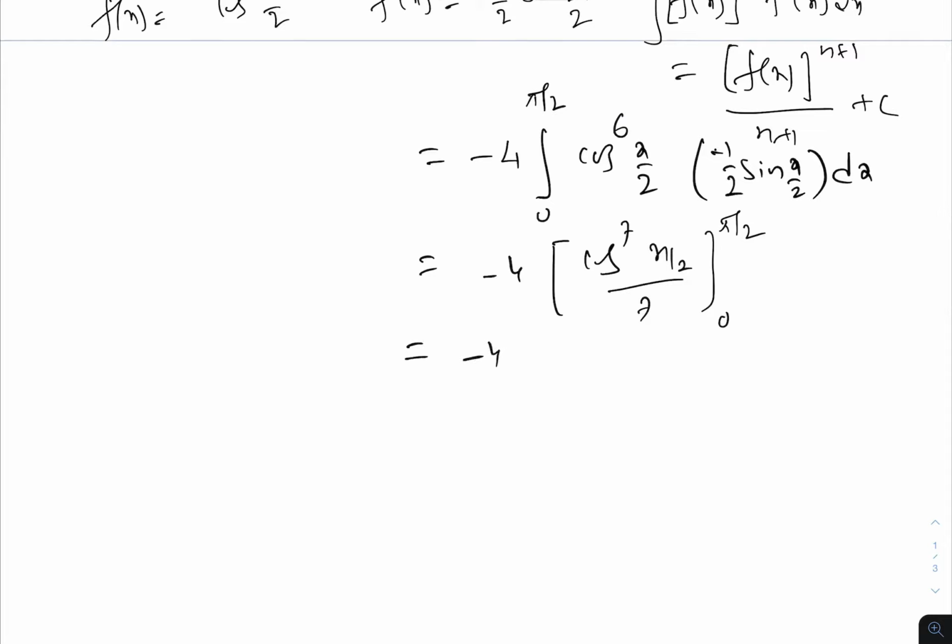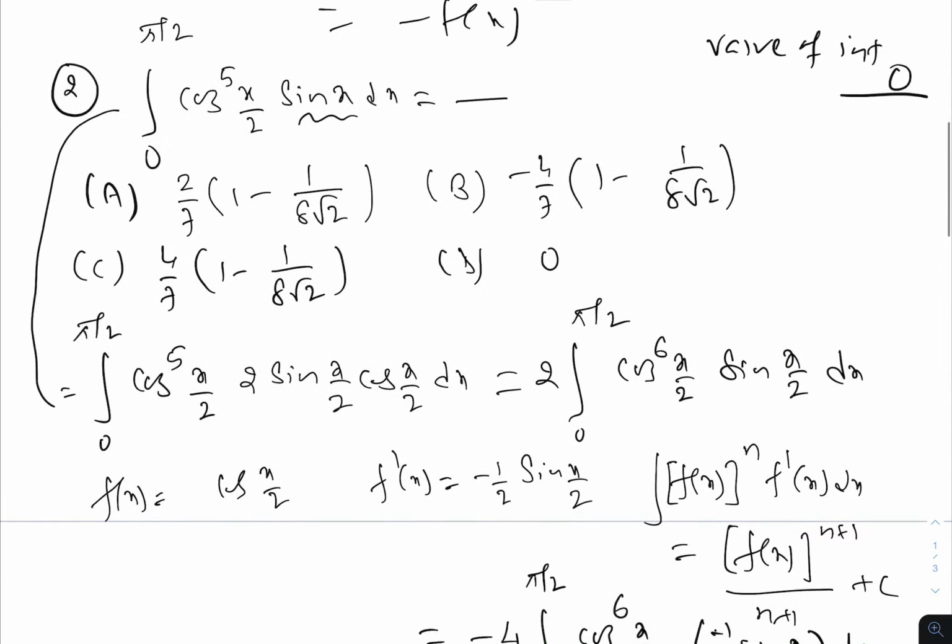So this is minus 4 by 7. Now cosine power 7 at x is pi by 2, so pi by 2 divided by 2, it is pi by 4, minus cosine power 7 of 0. Cosine 0 is 1. So that is minus 4 by 7 [cosine power 7 (pi by 4) minus 1].